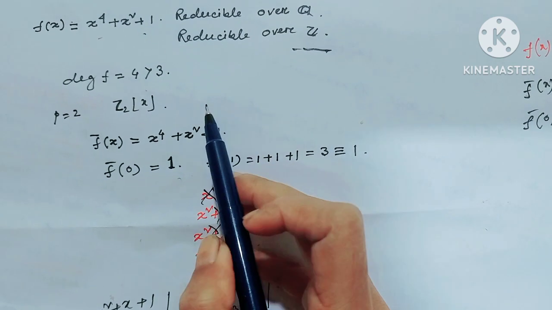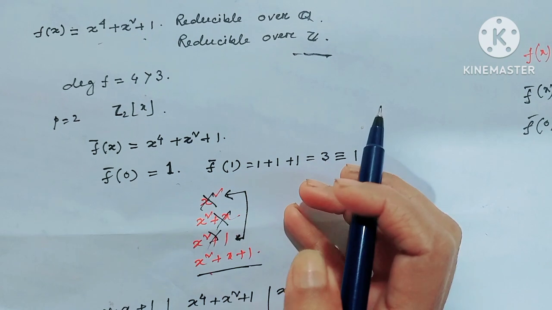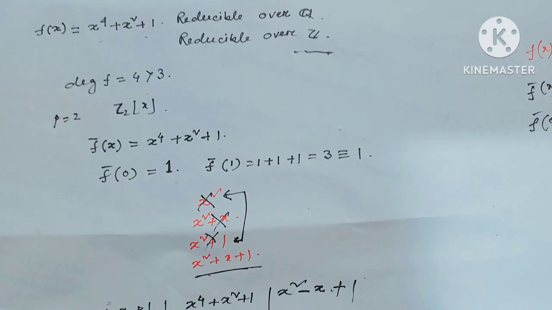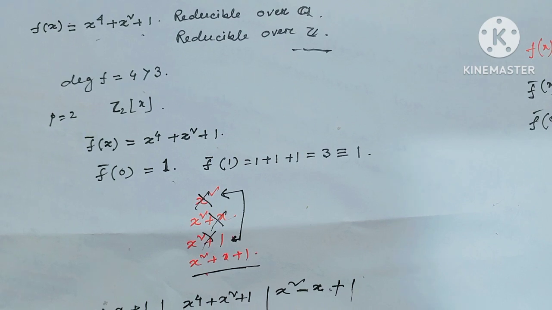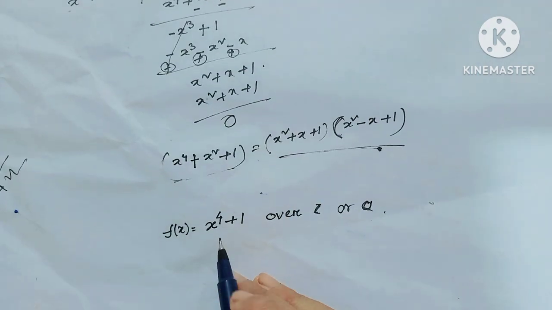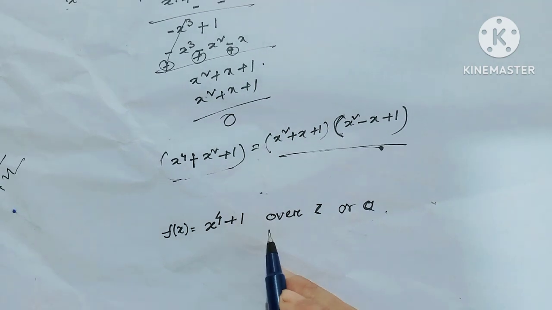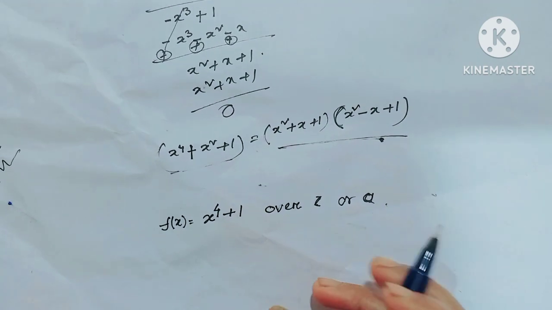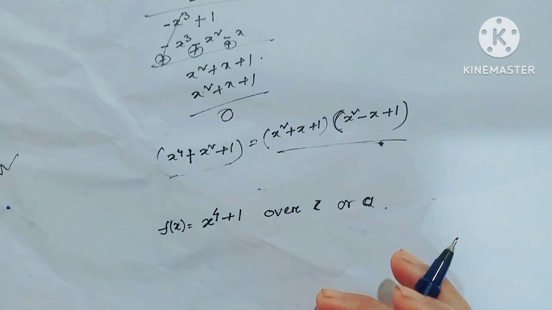And if we consider p equal to 2, then at first check p equal to 2, in Z2[x] we cannot write x to the power 4 plus 1 as a product of two irreducible polynomials.